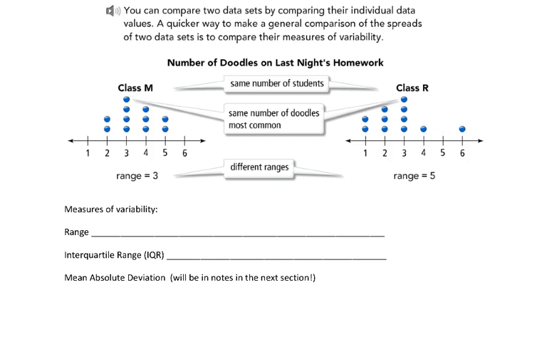The range is the max minus the min. And to find the interquartile range, we're going to do Q3, which is the third quartile, minus Q1, which is the first quartile. And again, I'll explain how to do the mean absolute deviation in the next section. Let's move on to the next page.